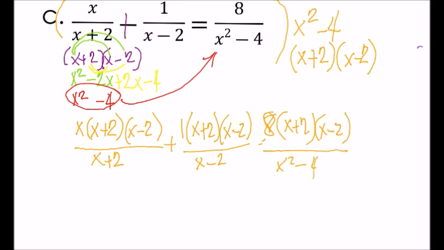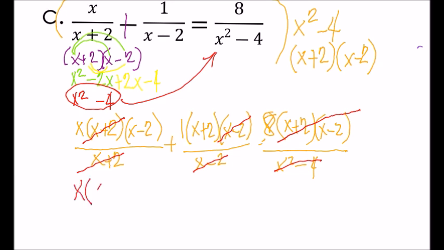So let's start cancelling. We cancel x plus 2 over x plus 2, that's 1. X minus 2 over x minus 2, that's 1. And of course that. So we are left with x times x minus 2 plus 1 times x plus 2 equals 8.